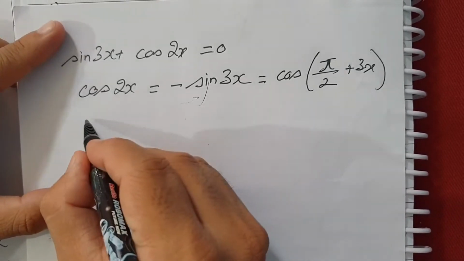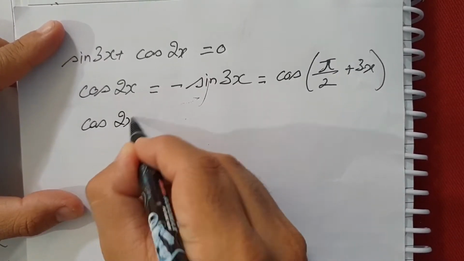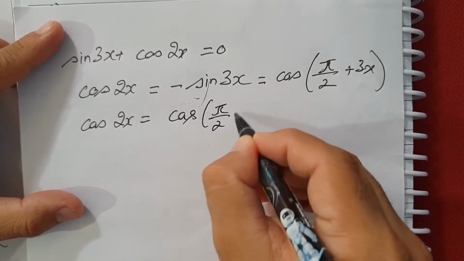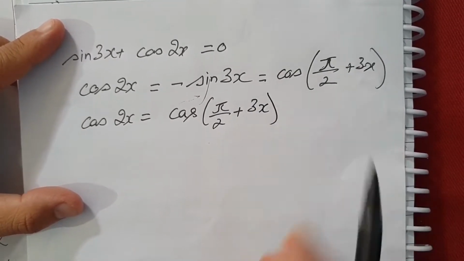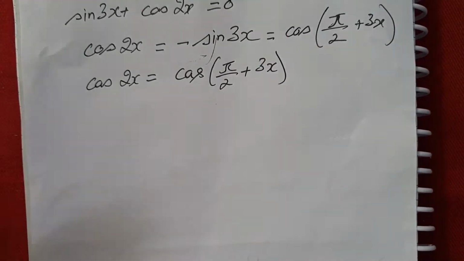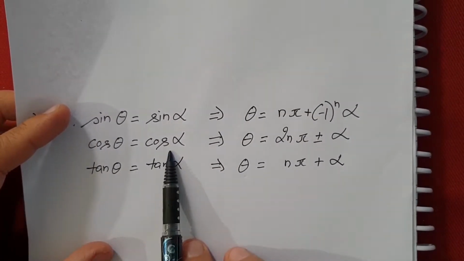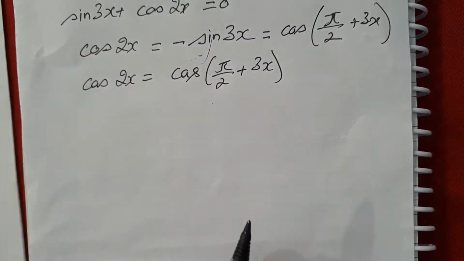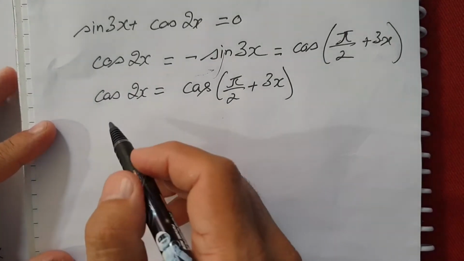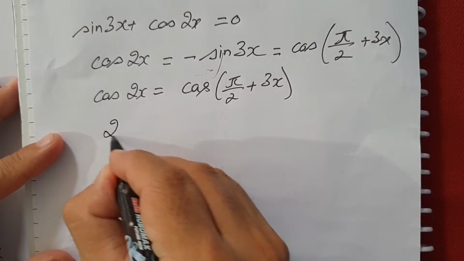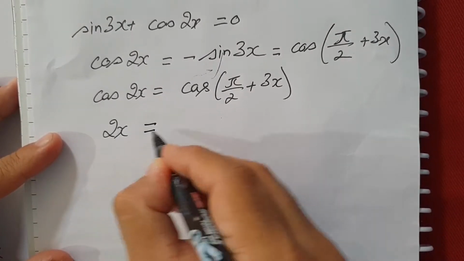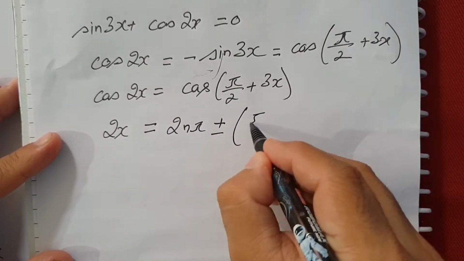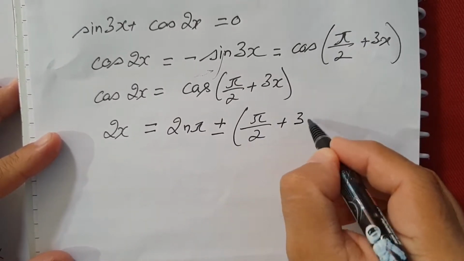So now this is cos 2x equals cos of pi by 2 plus 3x. Again using that cos formula, cos theta equals cos alpha means theta is 2n pi plus minus alpha. So 2x equals 2n pi plus minus pi by 2 plus 3x.